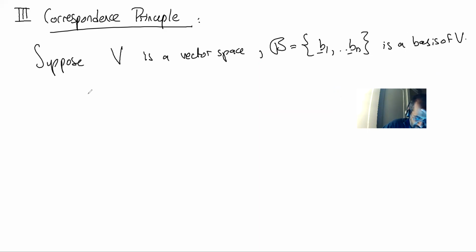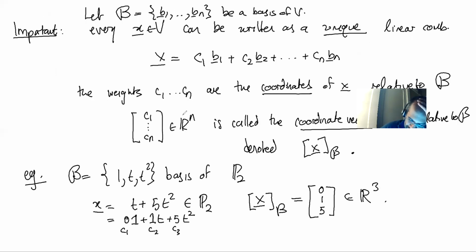So what have we achieved? So you have V here, and you have a basis, B1 through Bn. Oh, sorry, that's not the right notation. Well, I told you about this coordinate vector, right?